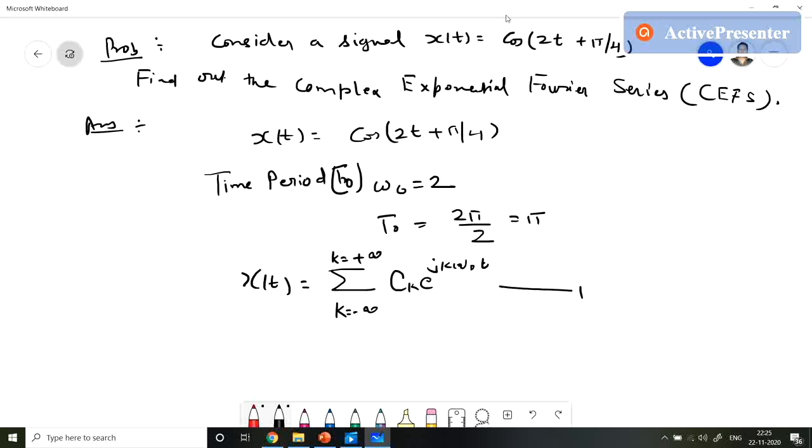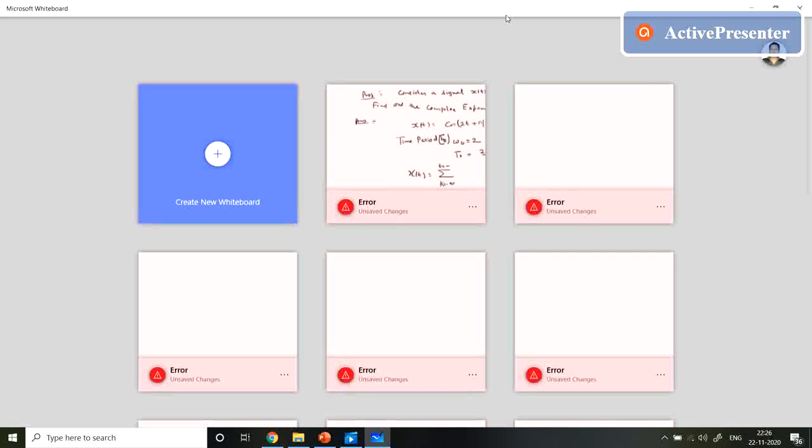Now suppose this is equation number 1. Now x(t) is equal to cos(2t plus pi by 4). Let us write it in the form of exponentials.